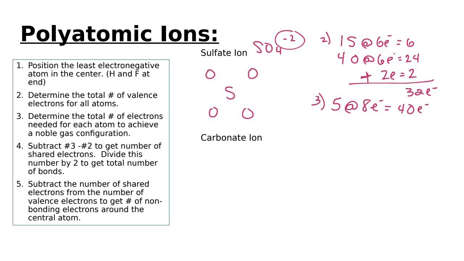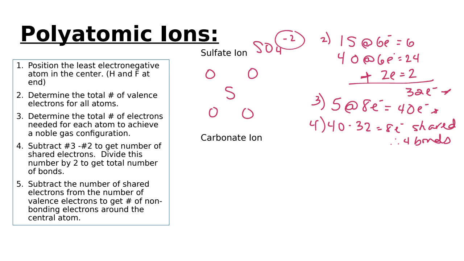Now step 4, we subtract number 2, which is 32, from number 3, 40, to get the number of shared electrons. So 40 minus 32 is equal to 8 electrons shared, which means that I have 4 bonds that I need.